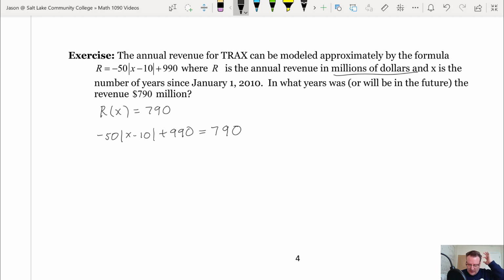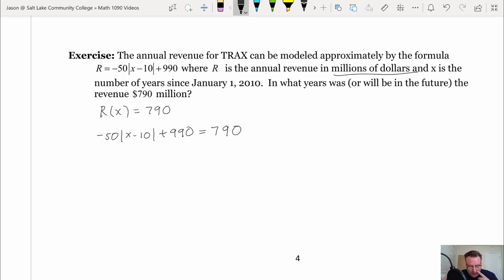Okay. So the key thing here is I want to solve this to the point where I just have the absolute value function alone on the left-hand side of the equation. And then I can break it up into two pieces and use the fact that it is a piecewise defined function to break it up.